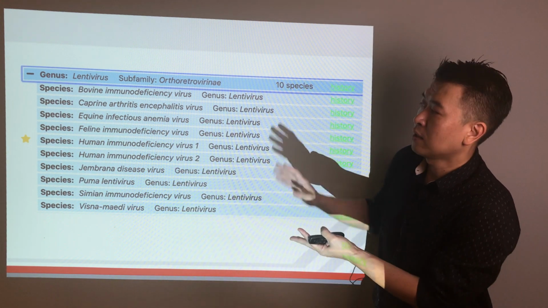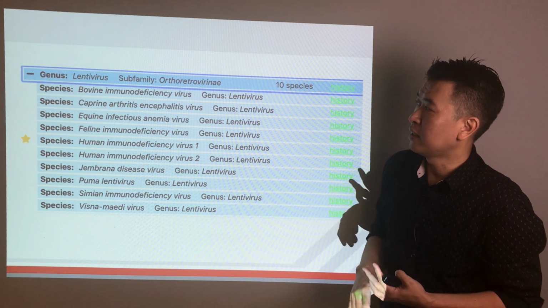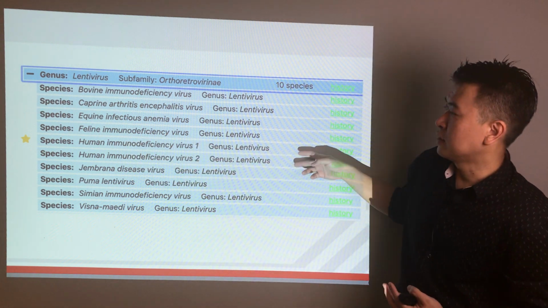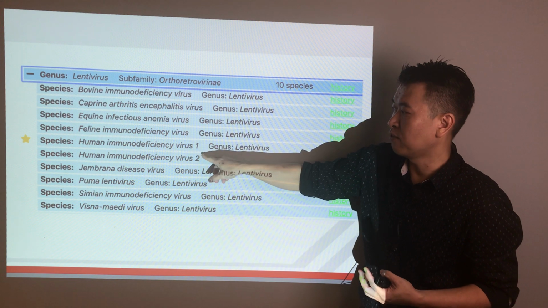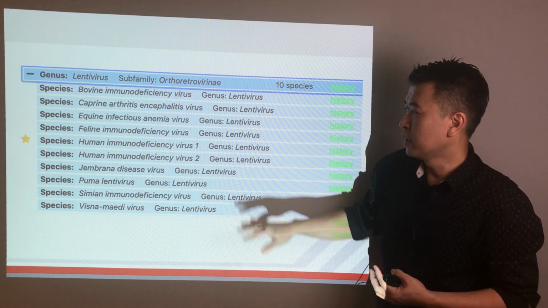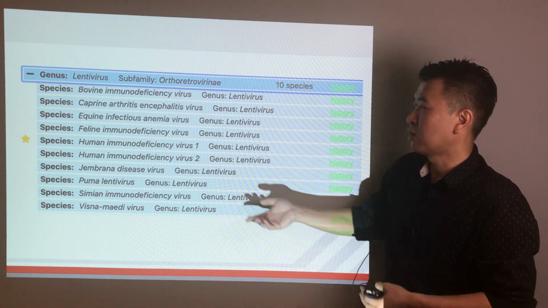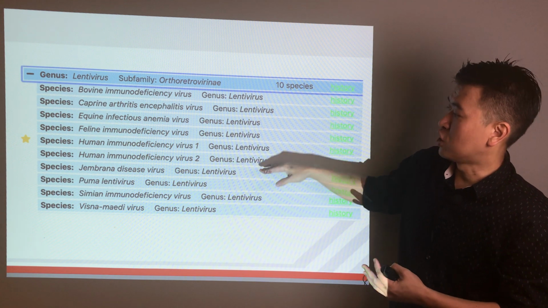These are the viruses grouped under the lentivirus genus. The ones we are interested in are HIV-1 and HIV-2, human immunodeficiency virus 1 and 2. Even though they are both called human immunodeficiency virus, they are not grouped together. They are actually two separate groups.